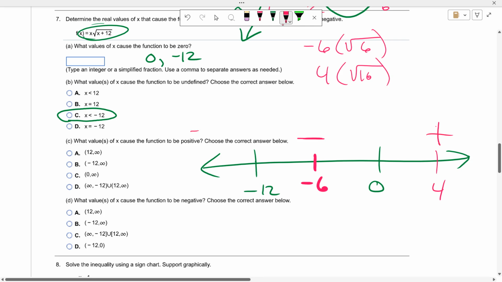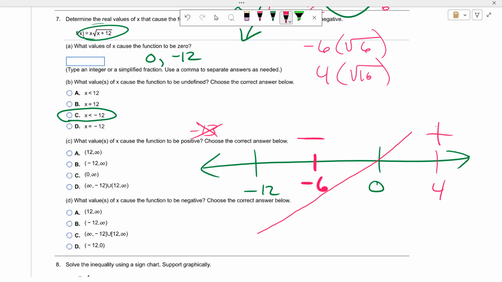What happens at negative 13? It's undefined, so we don't even check there. So it's undefined, and then it's negative. And then here, it goes positive. Now, is it a straight line?